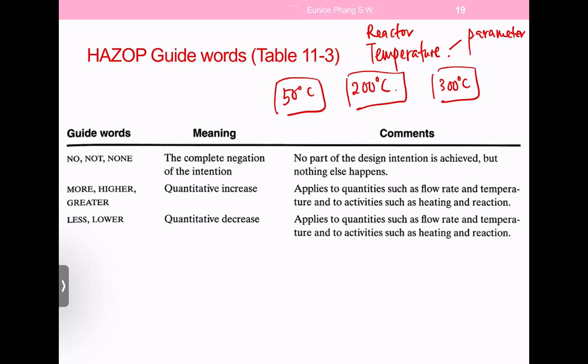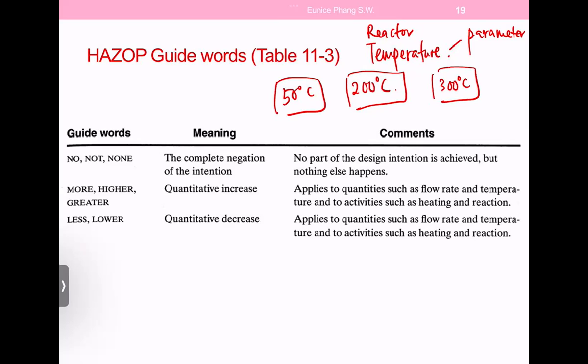Maybe my material is not reacting, therefore there are no exothermic reactions. Or maybe my stirrer is not working, so there is no mixing of the chemicals. Maybe my cooling water, someone accidentally opened it up to maximum flow. It is supposed to come in at a certain flow rate, but now it's at full blast and it cools down the reactor too much.